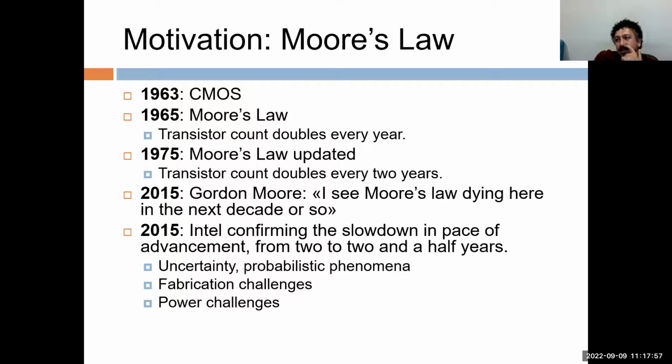For example, one year the computers consisted of 100 nanometer transistors, after 2 years, 50 nanometer, after 4 years, 25 nanometer. What is the point here? Going from 100 to 50, you have roughly 4x area improvement.